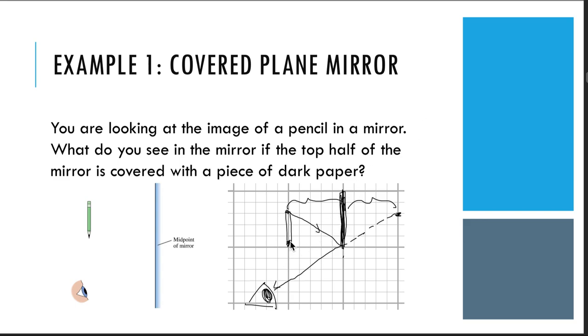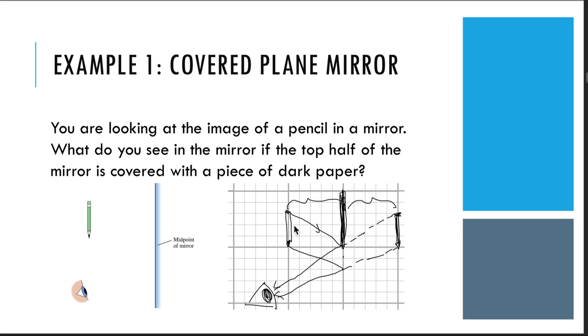Let's look at the bottom of the pencil. If we draw a ray, let's say going this way, and then reflecting at the same angle, we can see that that one also reaches our eyes. My line's not super straight, but if you trace it back, you can see that the lead is going to be formed right here, and all of the points in between could also be shown with other rays.